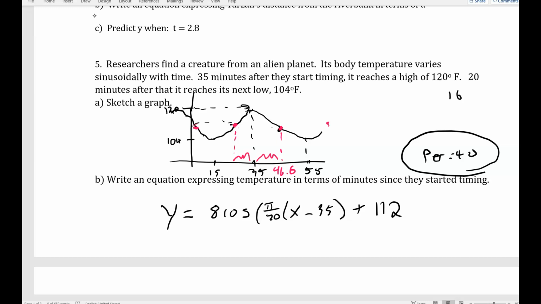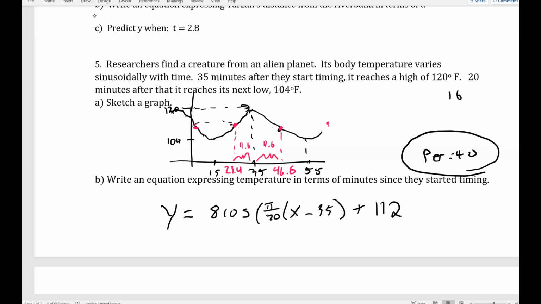Since 46.6 minus 35 is 11.6, this would also have to be 11.6. So we take 35 and subtract 11.6, which gives me 23.4.